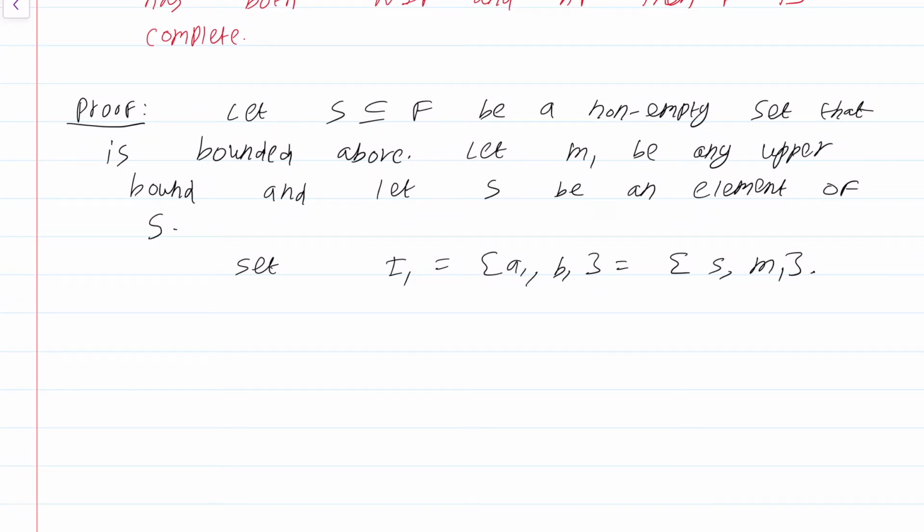Now we'll make this approximation better by setting M2 to be equal to (A1 plus B1) by 2. Look at the two endpoints and just take the mean of these two.